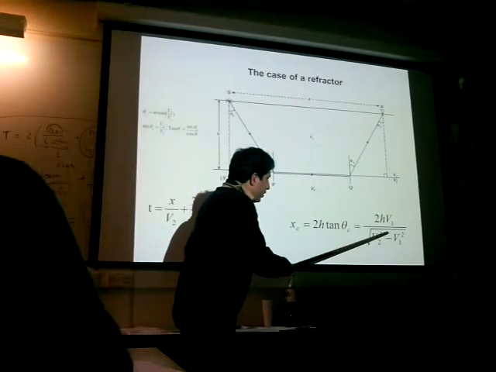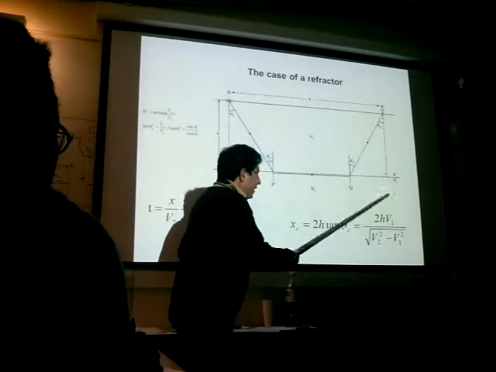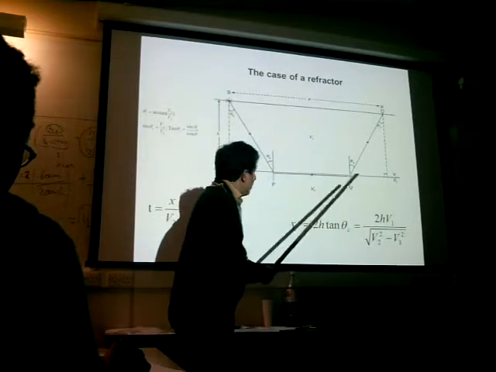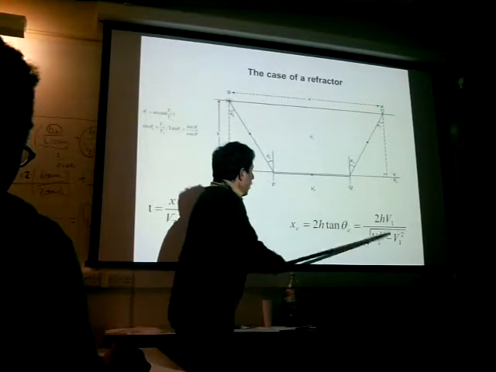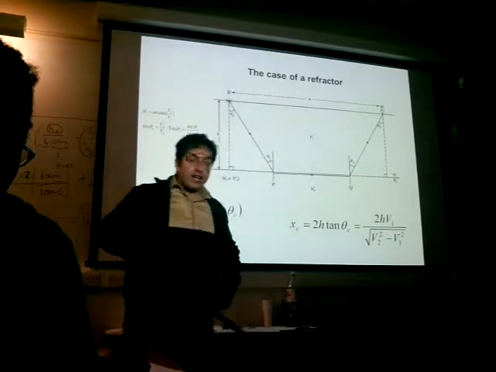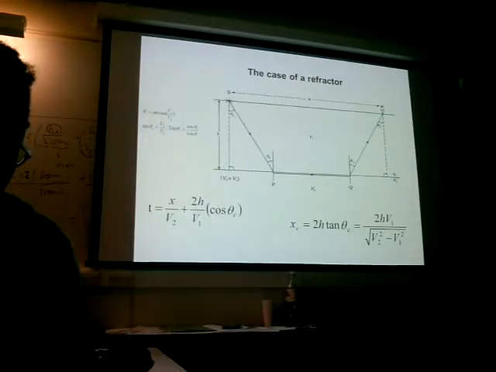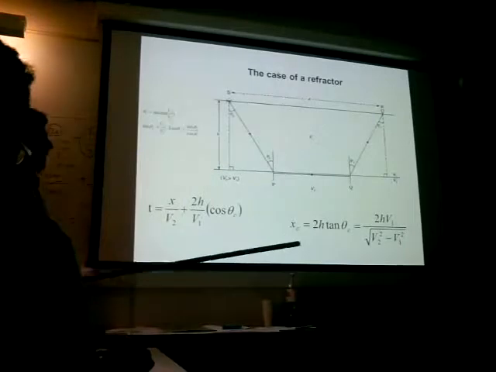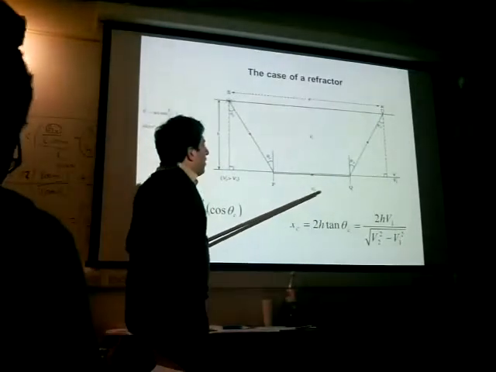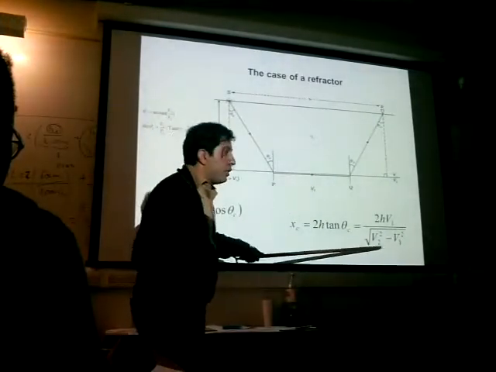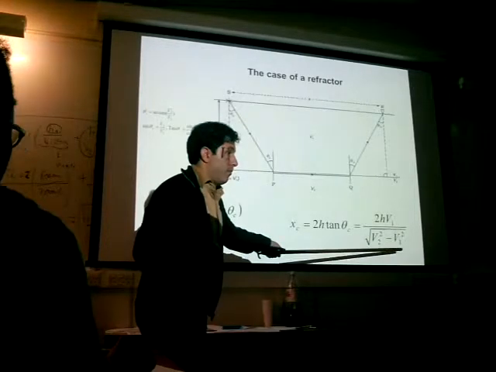If velocity 2 is equal to 1, that story is never going to be possible. So in order to have basically, velocity 1 has to be always lower than velocity 2, because on the root it doesn't make sense. So it's telling you that equation, that in order to have a refraction, you have to have a velocity 2 that is bigger than velocity 1.